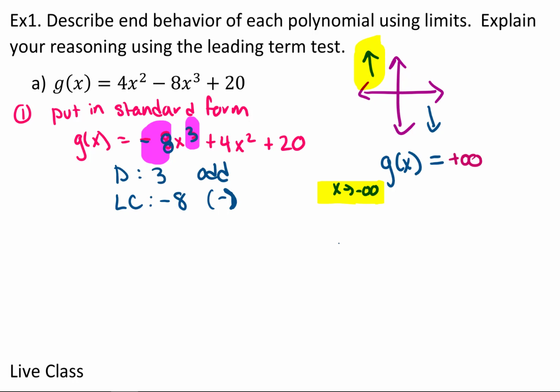Then I have to say what's happening on the right-hand side. As x approaches positive infinity of g of x, I look at what's happening on the right-hand side. On the right-hand side, the y values are getting smaller. So I'm going to write is equal to negative infinity.